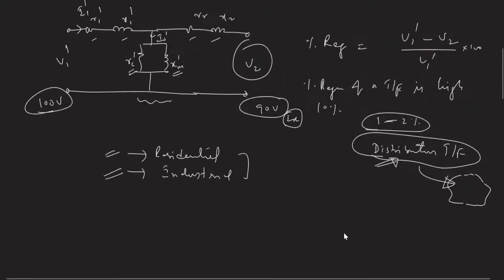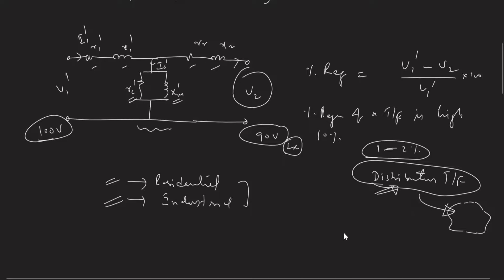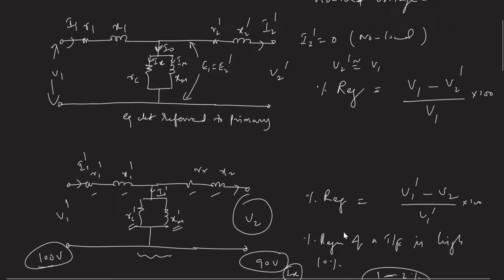So I draw the phasor diagram. V2 dash, and the load current. I take this one, V2 dash, and I'm trying to draw the phasor diagram for the equivalent circuit referred to the primary.